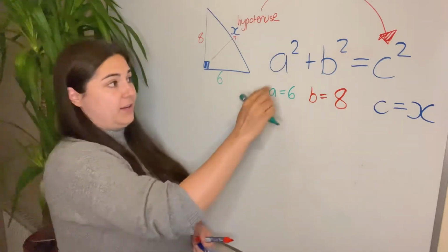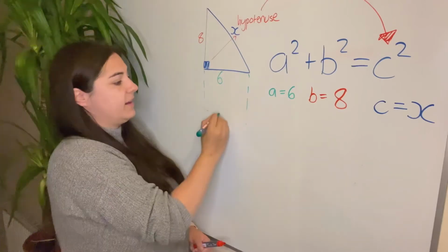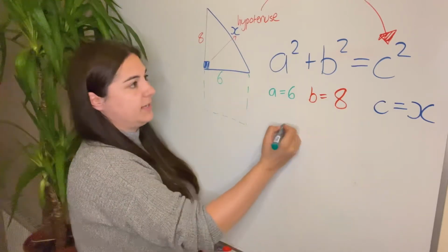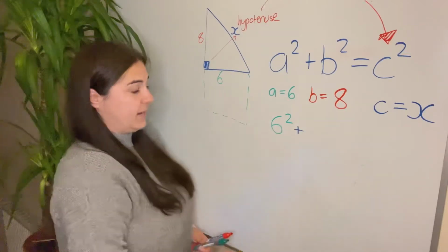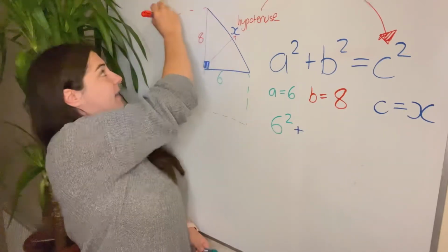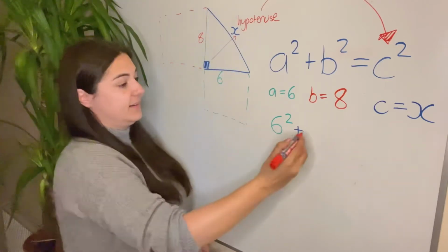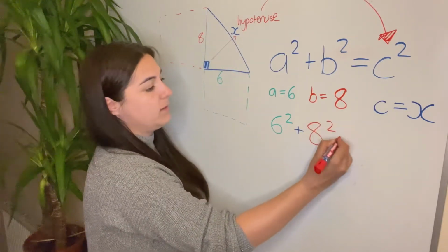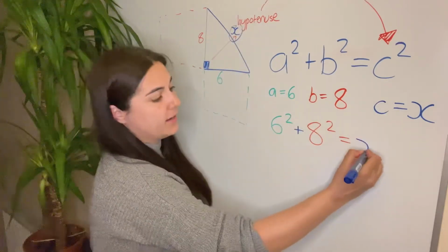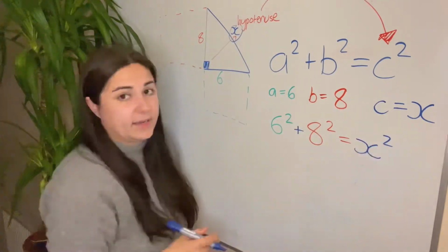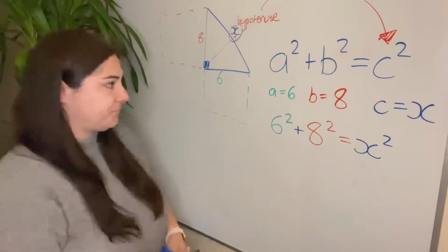So I know that using Pythagoras' theorem, a squared, so the square of the side length A, which is 6, plus b squared, which is the area formed by the side length of 8, will give me c squared, or this missing value. So I could say x squared or c squared, once again, whichever you prefer, whichever makes more sense to you.